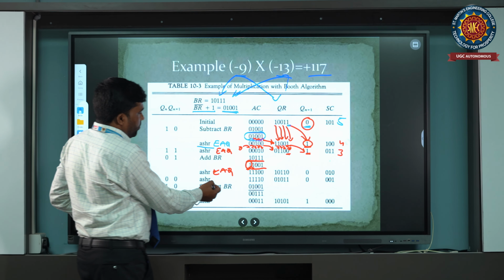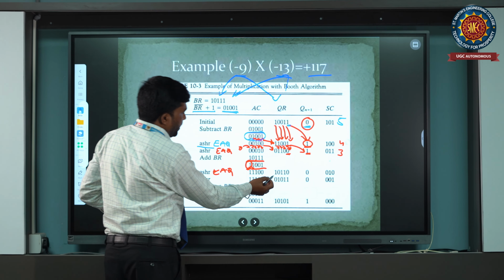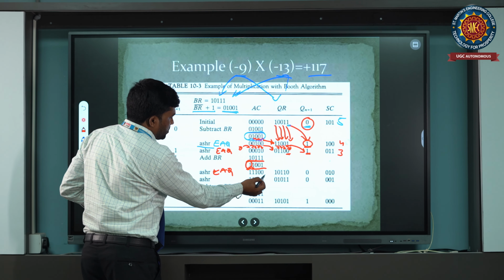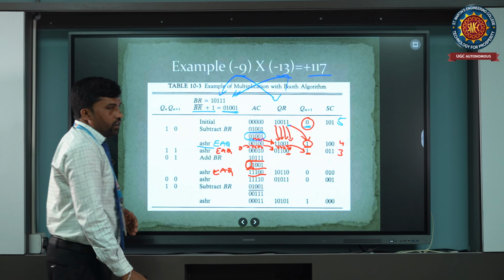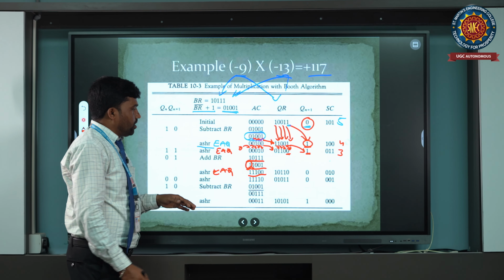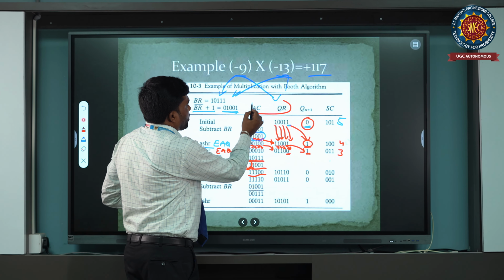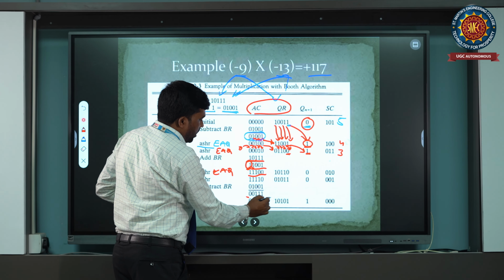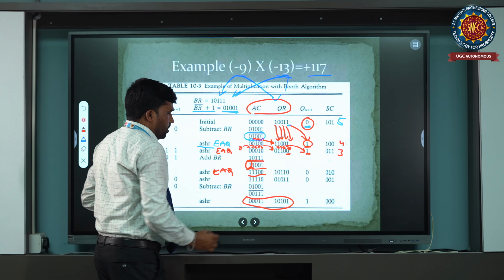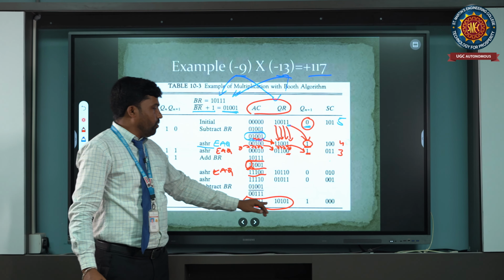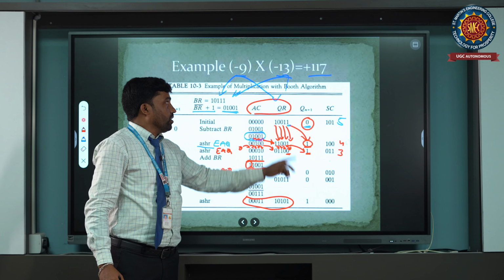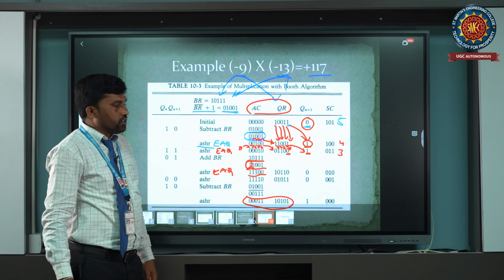Like that we get the data at sequence counter 3. What is the product here? 11100. Finally we get the AC and QR data for the product of our multiplication. See here, 00011 101 and 01, which is 117.